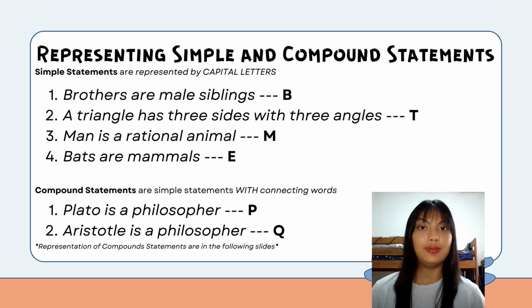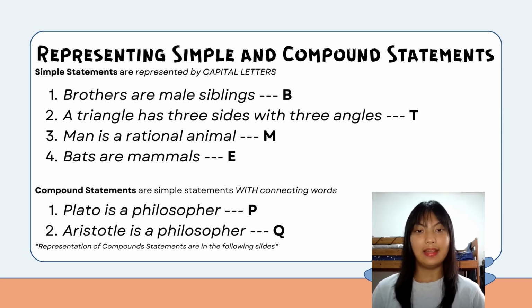Provided that it is only a simple statement, we can use one of the 26 letters of the alphabet. It can be the capital letter B, or it could be any other capital letter like Z, Y, X. Here are other examples with their corresponding capital letter to represent them. Once you use a letter to represent a simple statement, the content can disappear, as the letter is understood to hold the simple statement already.